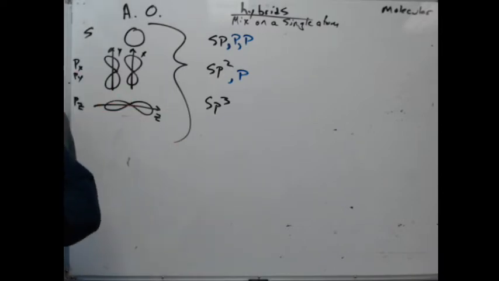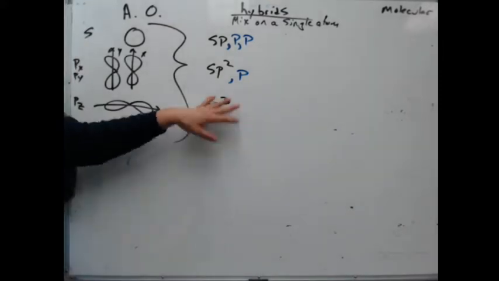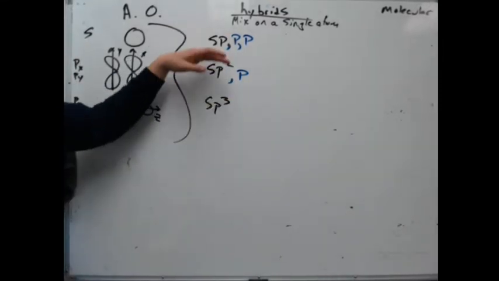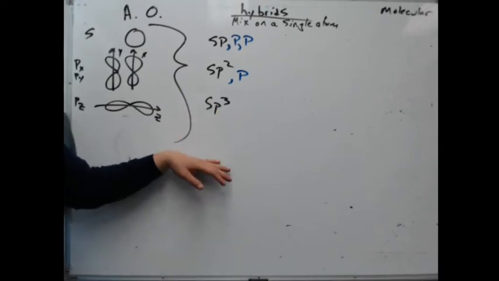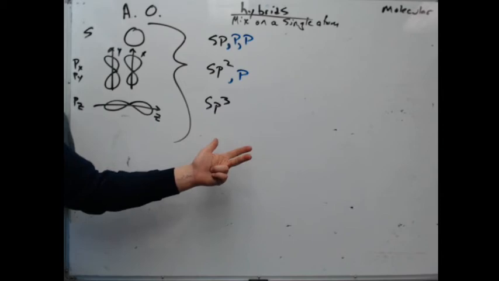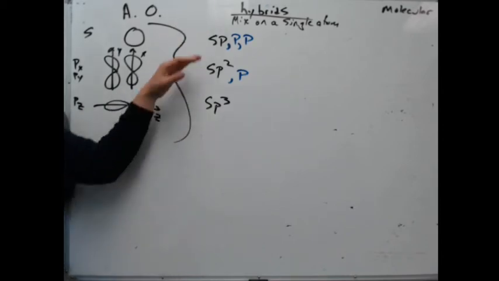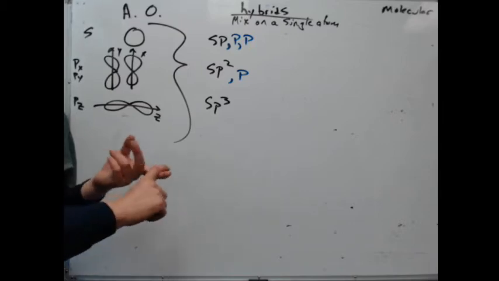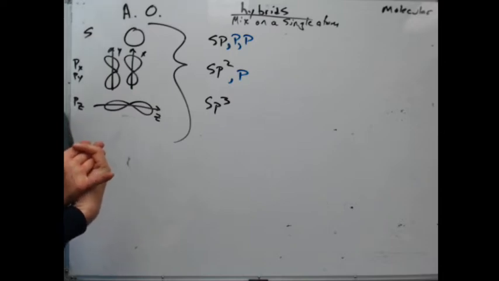But the reason sulfur and phosphorus can break the octet rule is because they can also hybridize with the d orbitals, right? And they have that n equals 3. That means they're going to have s, p, and d. So really, hybrid orbital theory does a really good job with carbon, nitrogen, oxygen, which, if you're an organic chemist, is all you really care about.